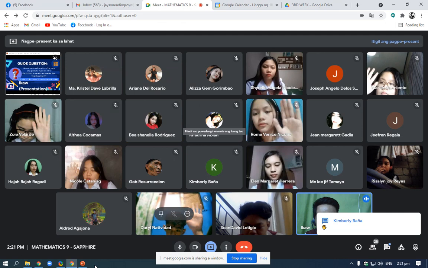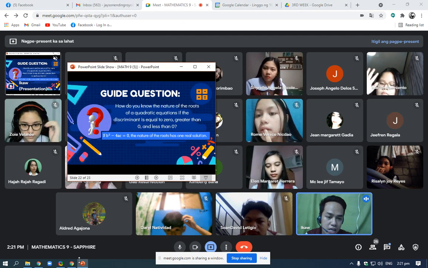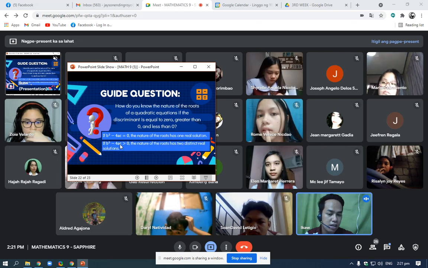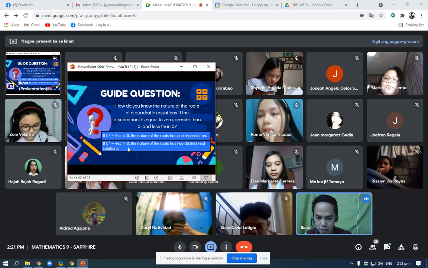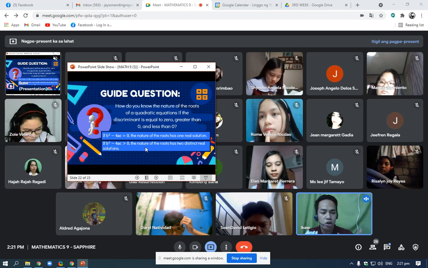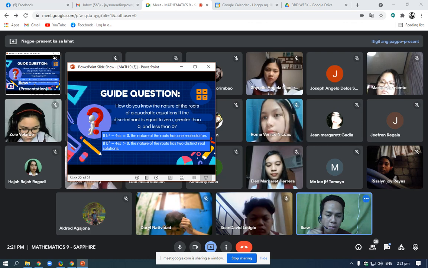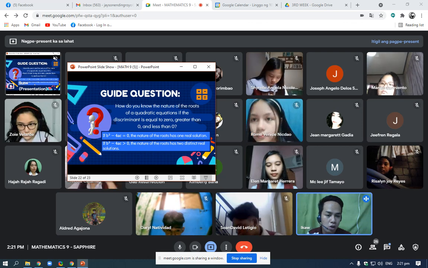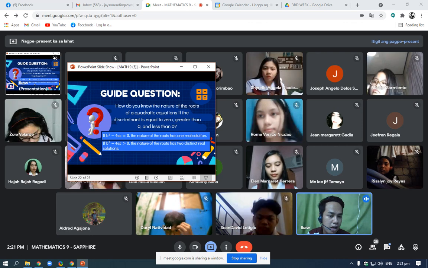Two distinct real roots po. Okay, two distinct real solution. If b squared minus 4ac is greater than 0, take note ha, ayan po ang symbol ng greater than, the nature of the roots has two distinct real solution. Ibig sabihin, merong dalawang real solution na magkaiba ang value ng number. Sa nauna, merong one real solution, pero it could be a positive and a negative. Okay? Positive and negative sign.